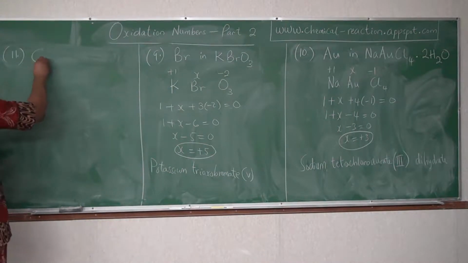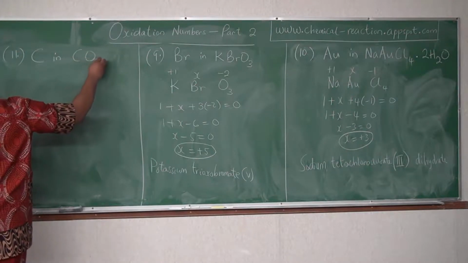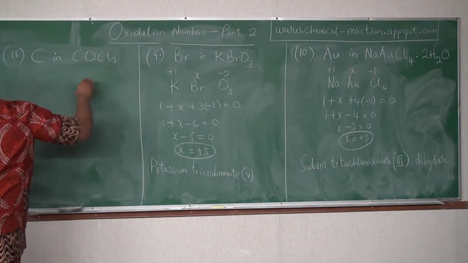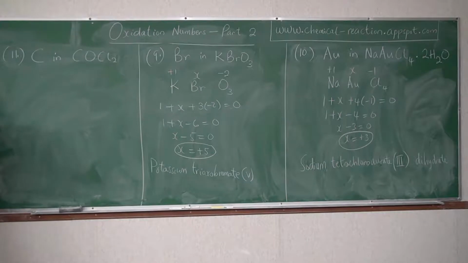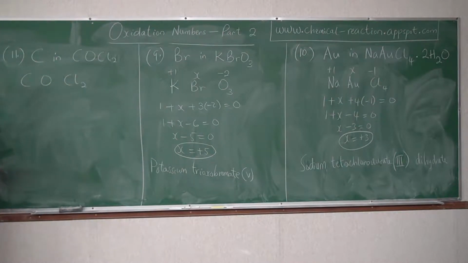We have carbon in carbon, oxygen, chlorine. So we write it out. We want carbon, so let the oxidation number of carbon be X. Oxygen is -2, chlorine is -1.